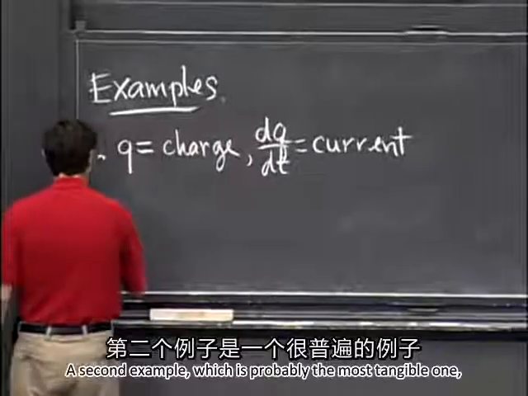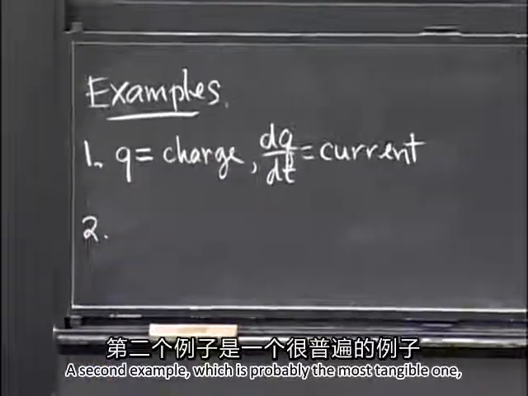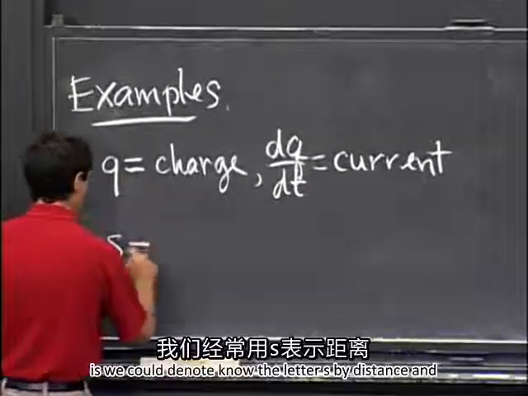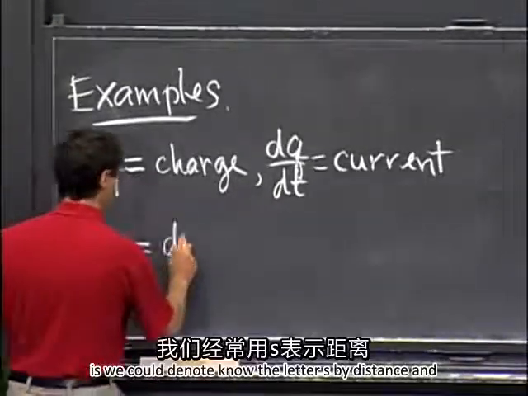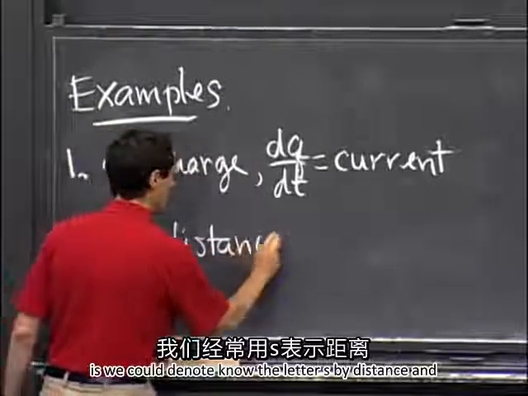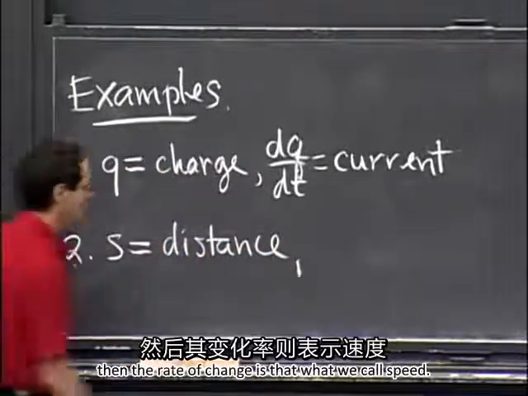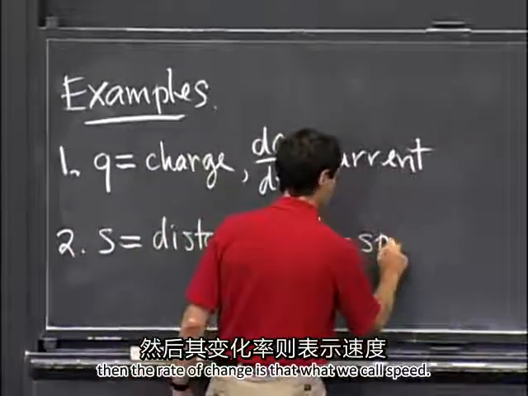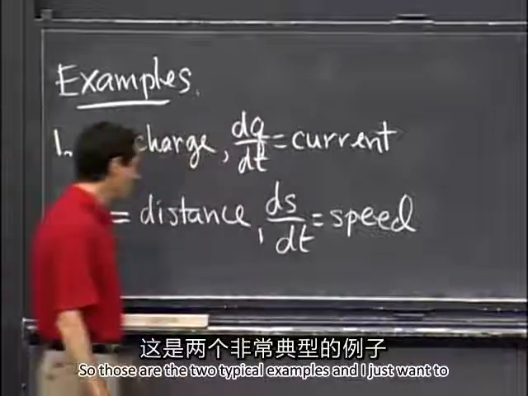A second example, which is probably the most tangible one, is we could denote the letter S by distance, and then the rate of change is what we call speed.